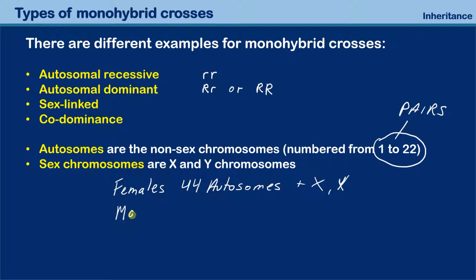And males, they have 44 autosomes plus X and a Y chromosome. Now the X and the X, that's also one pair. They are homologous chromosomes. That's a pair as well. So females, women have a total of 23 pairs. And males have 22 pairs plus X plus Y.